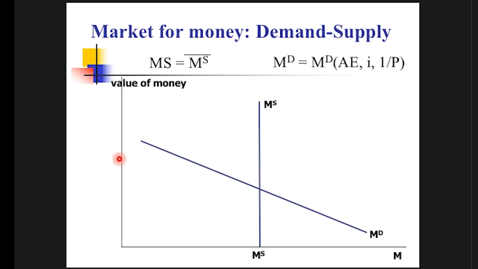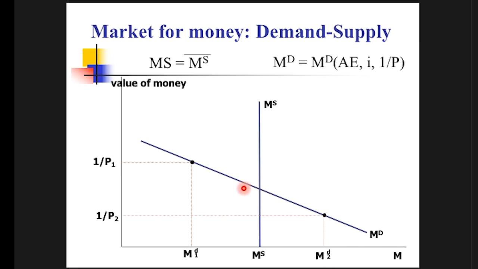If the value of money is higher, it means that the price of goods and services is lower. So the demand for money is also lower, because when the price is lower, we don't need much money for payment. And if the price of goods and services increases, it makes the value of money reduce. We need more money for payment, so money demand increases.